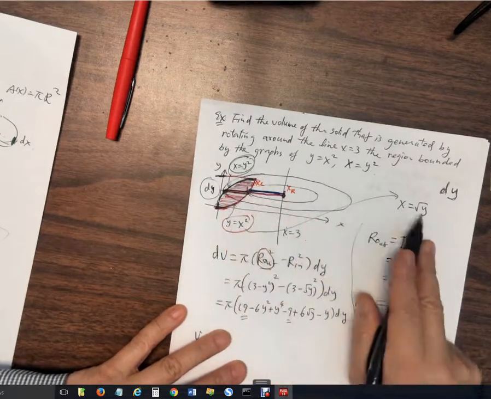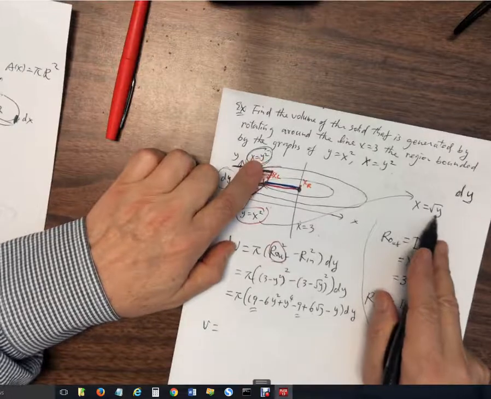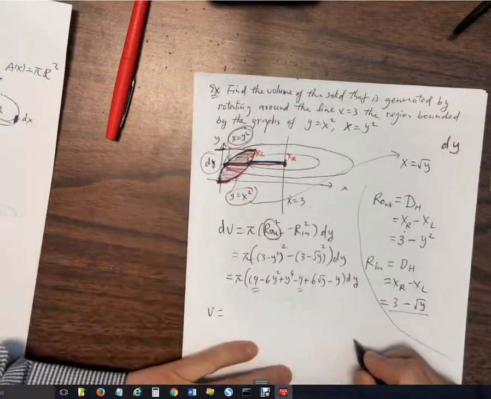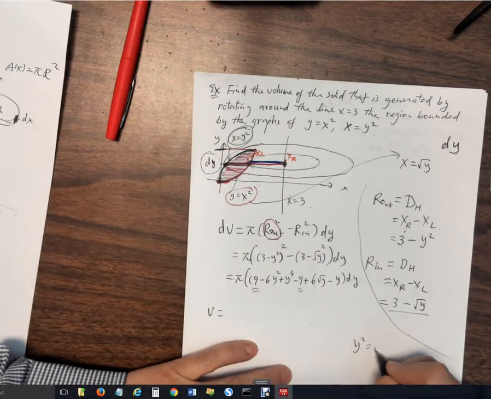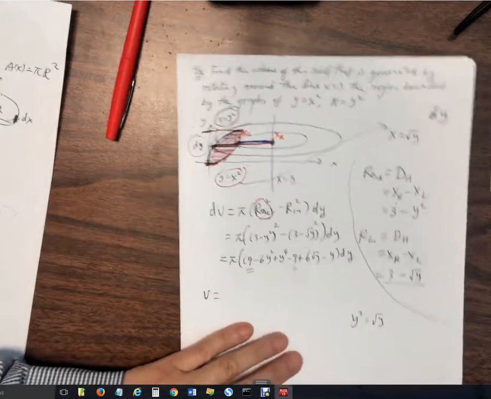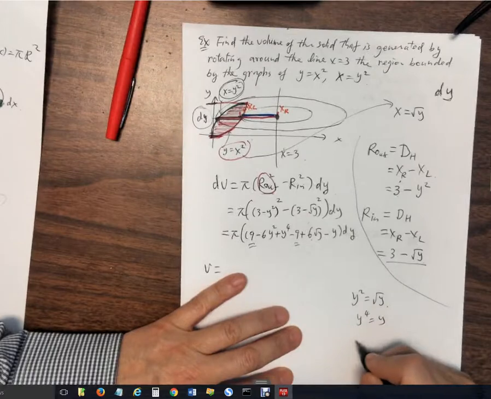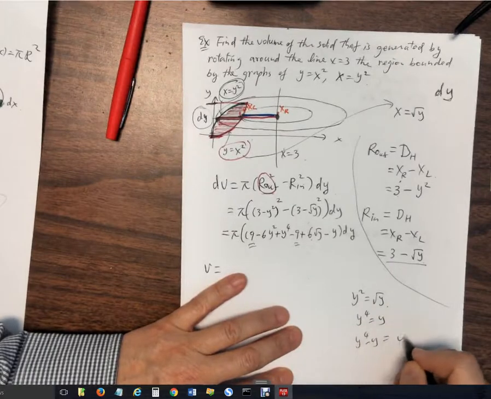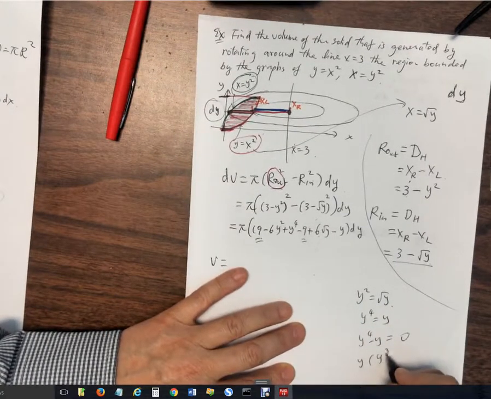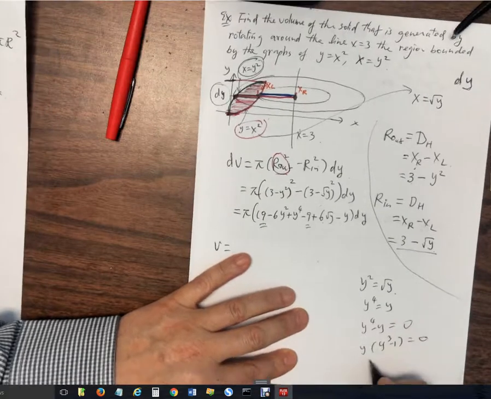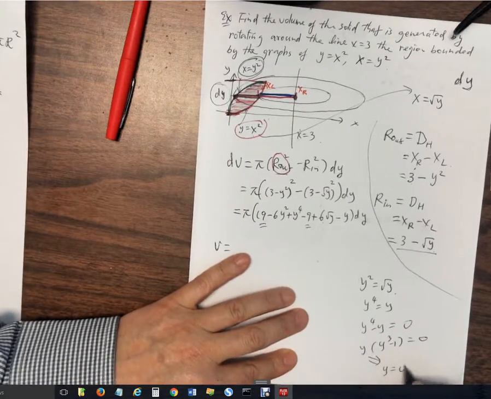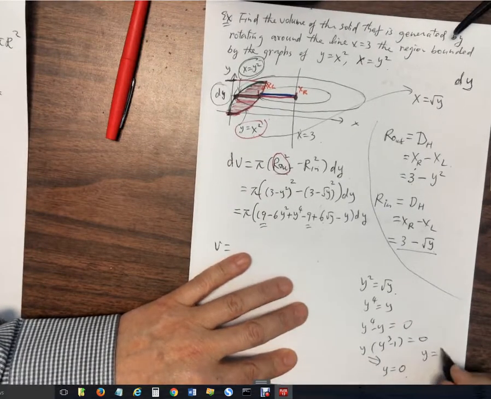So let's set these two x expressions equal to each other. So I get y squared equal to square root of y. How do we solve that? We square both sides and move y over, factor out. Then there's one solution, y equal to 0, another solution, y equal to 1.